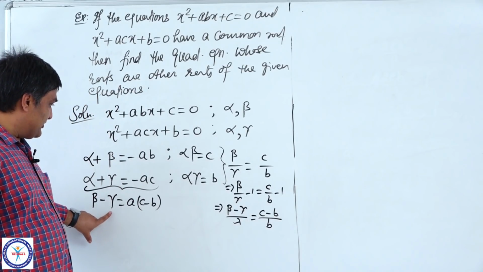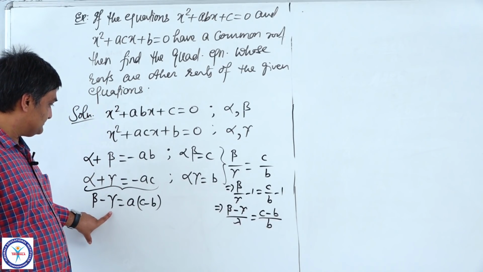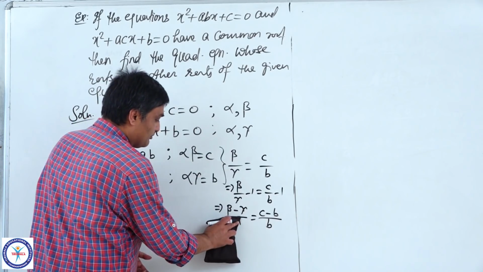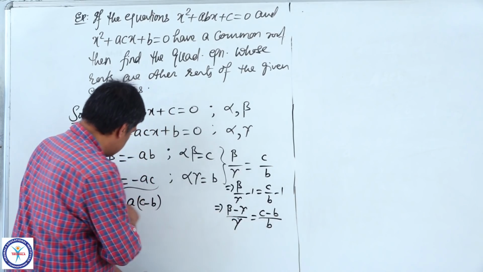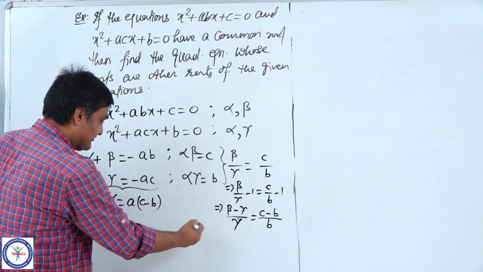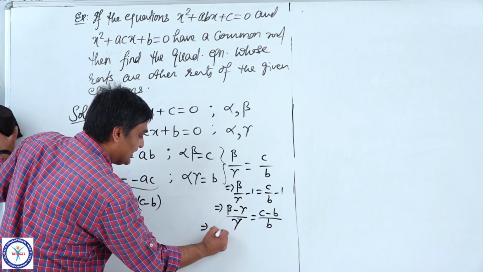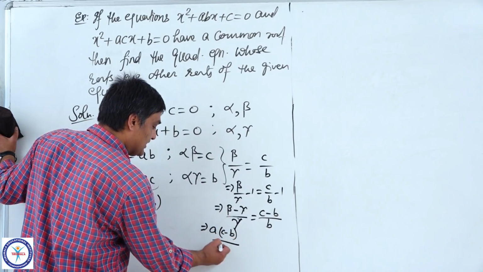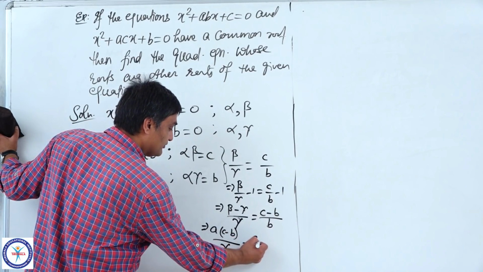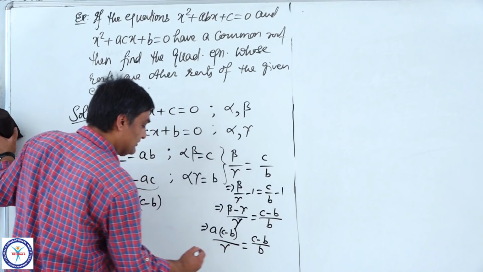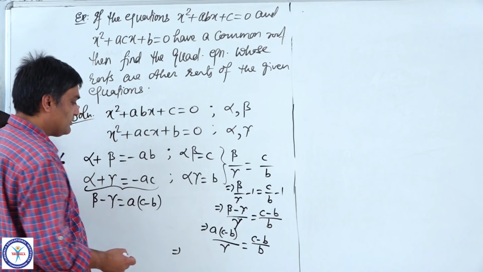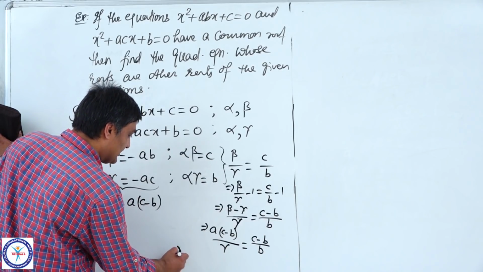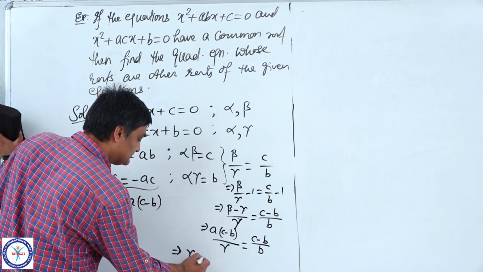Now, what is beta minus gamma? It is a into (c - b). This implies a(c - b)/gamma = (c - b)/b. So now, if we cancel out c minus b, what is gamma?